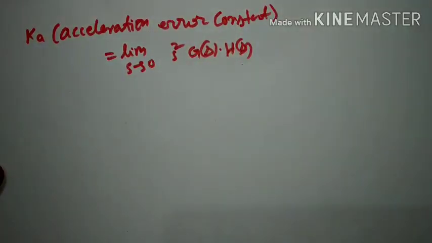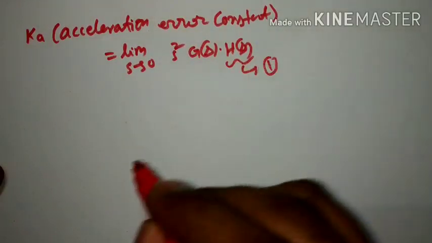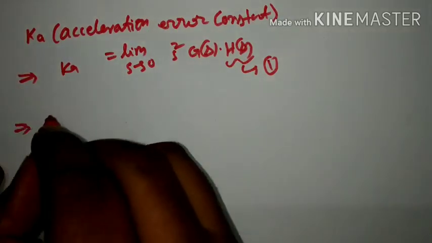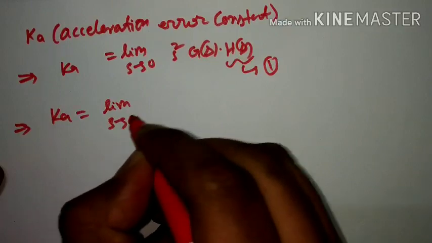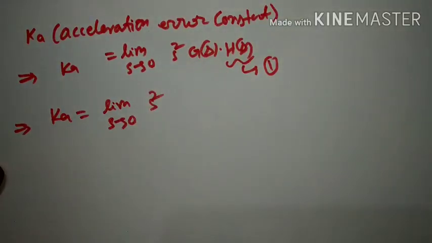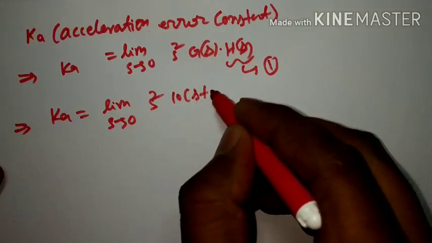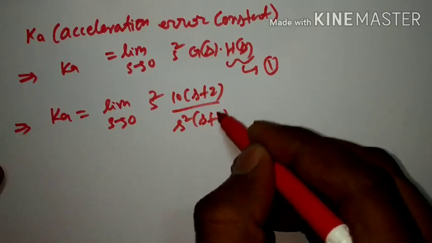You know the formula for Ka. Here also h of s is equal to 1. So Ka is equal to limit s tends to 0 of s square into g of s, where g of s is 10 into (s plus 2) by s square into (s plus 1).